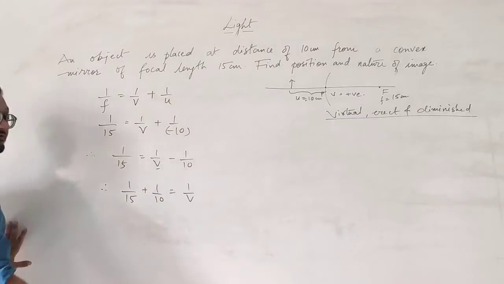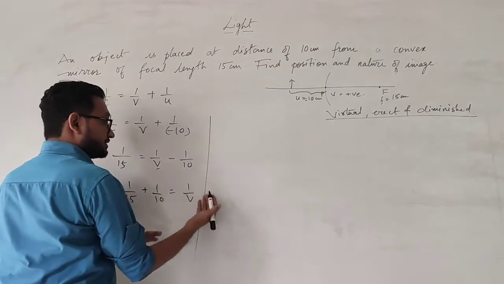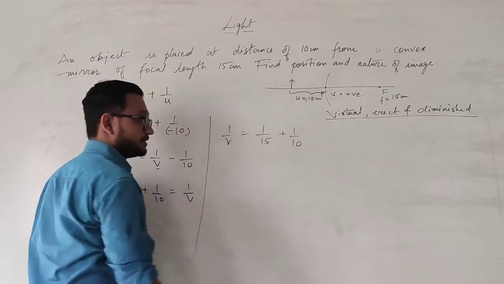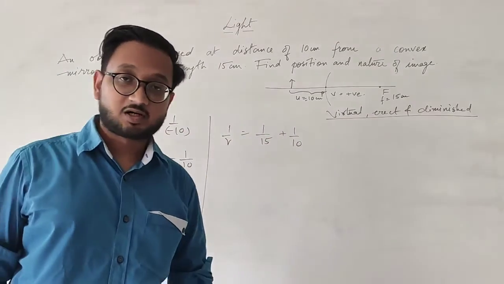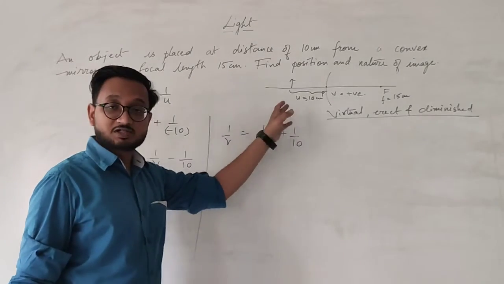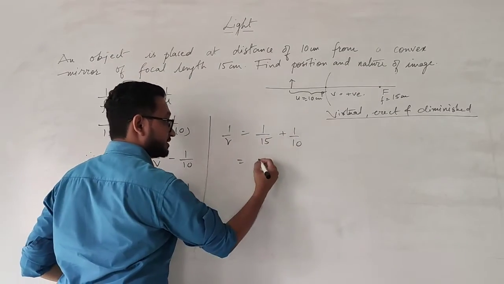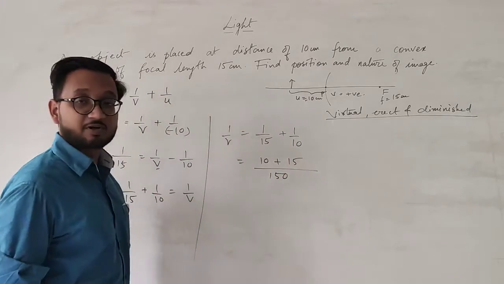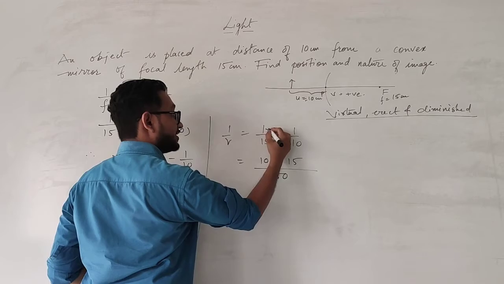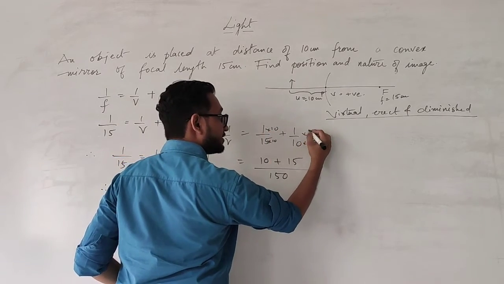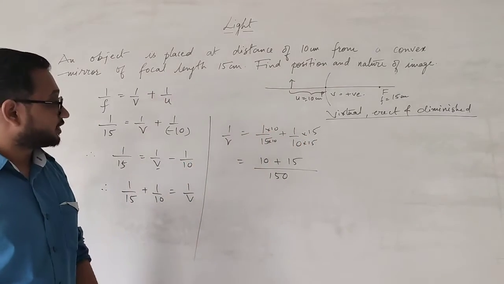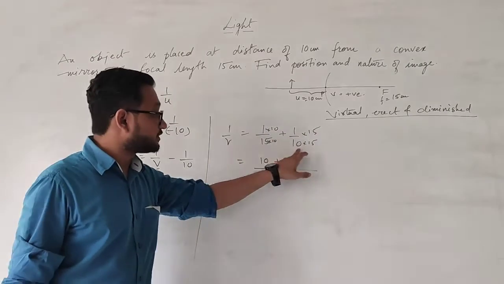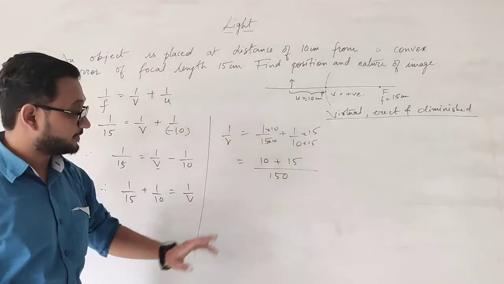This will give me the value of v. So now I am writing 1 upon v equals 1 upon 15 plus 1 upon 10. Just like we did in the previous numerical. Just add this over here, so it becomes 10 plus 15 upon 150, quite simple, multiplying this by 10 and this by 10, this by 15 and this by 15, cross multiply, and what you get is 1 into 10 is 10, plus 1 into 15 is 15, and below you have 150 and 150, LCM same as it is.